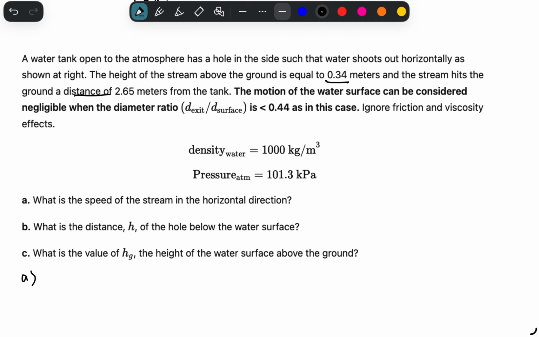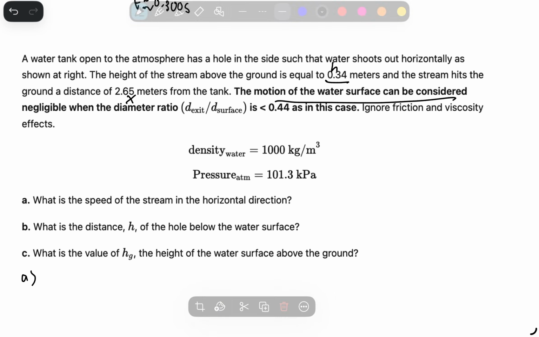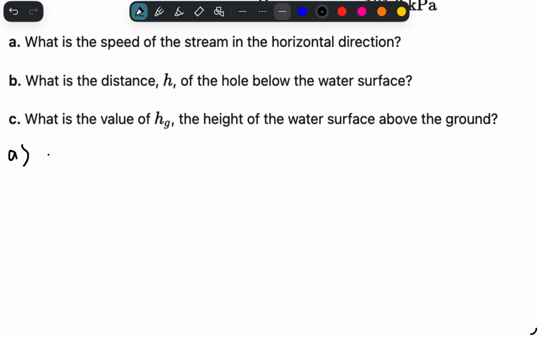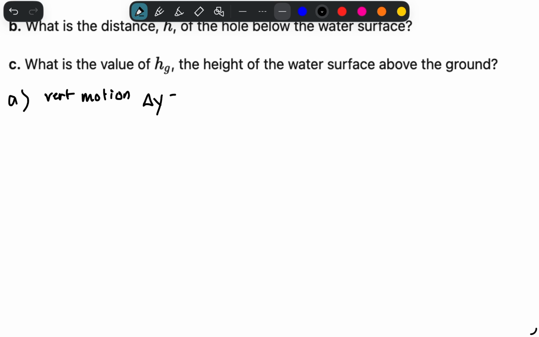So this height is 0.34. That distance is x. And the motion is negligible again. So we have to find the speed this time. We can again use that projectile motion equation for vertical motion, because we have a change in y. So we have delta y is equal to vy initial t plus 1/2 gt squared.